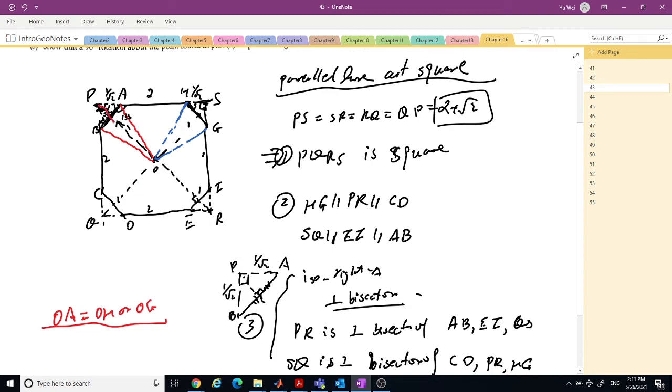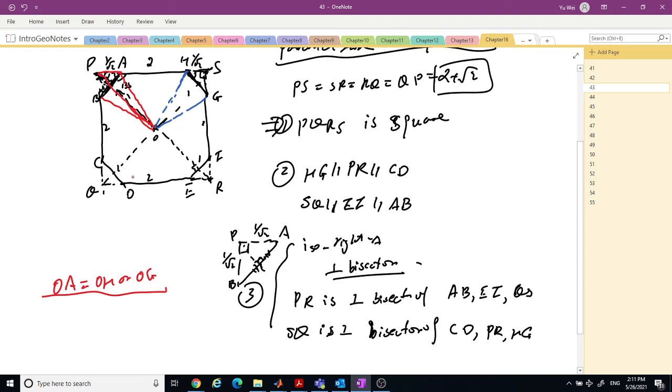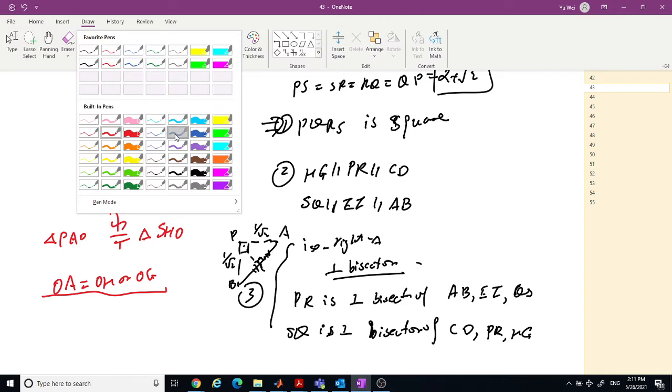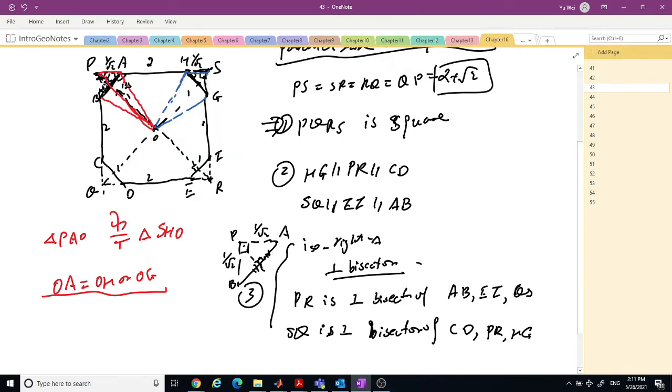Let me draw a triangle for you. Take a look at triangle PAO, and try to see whether it's congruent to triangle SHO. Let me use another color to show it. So here I have 45 degrees, and 45 degrees, so 45 equals 45 degrees, right?